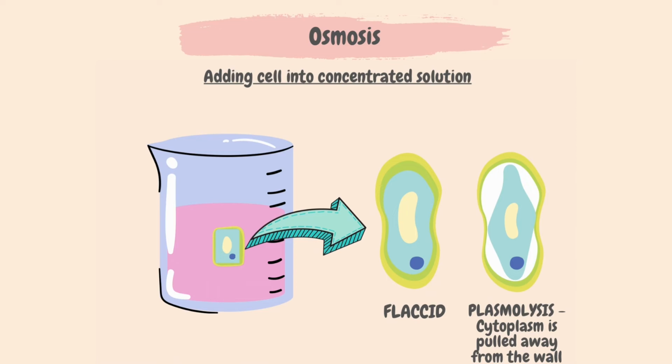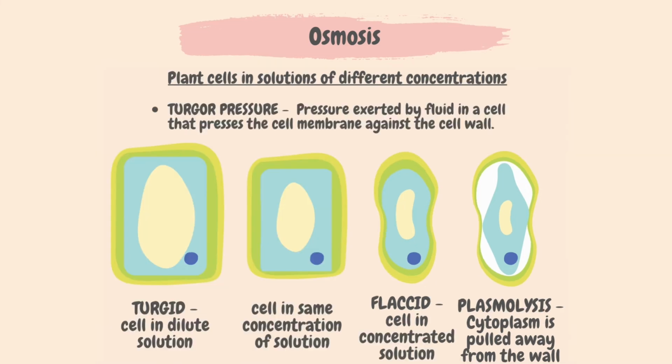This is when the cytoplasm shrinks due to the loss of water, but the cell wall fails to shrink due to its tough structure. The cytoplasm eventually tears away from the cell wall. Here's a picture comparing the plant cells when they are immersed in solutions of different concentrations.